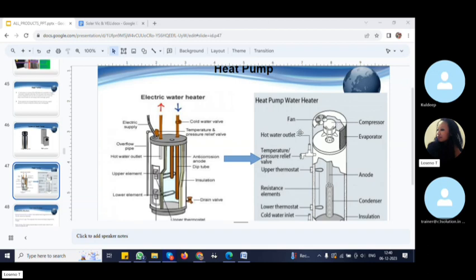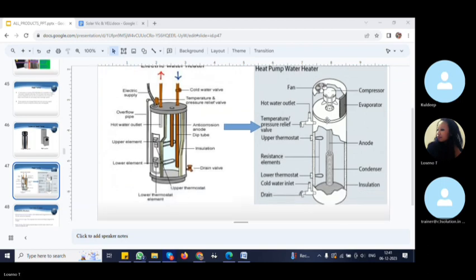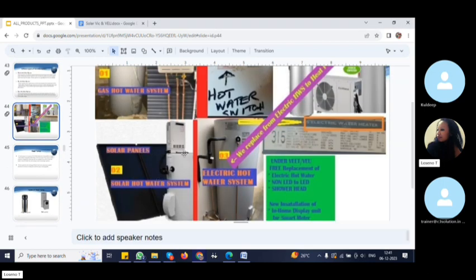So what happens is this heat pump uses electricity only to run this exhaust fan here. So even though a heat pump is also an electric hot water system, it uses the electricity only to run this exhaust fan. And that's why the electricity consumption is very low compared to a traditional, old electric hot water system.